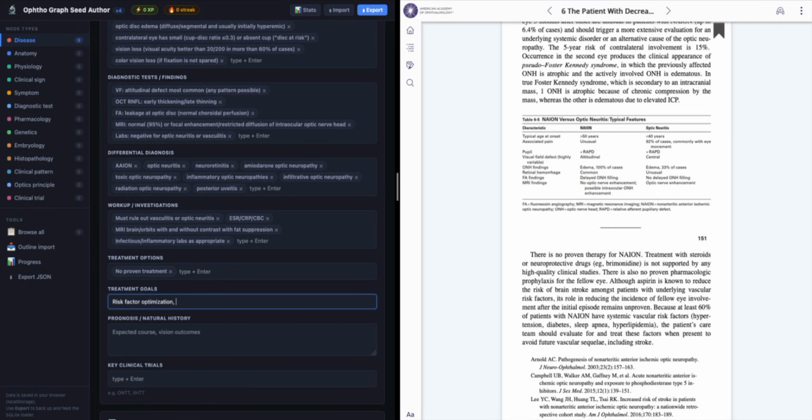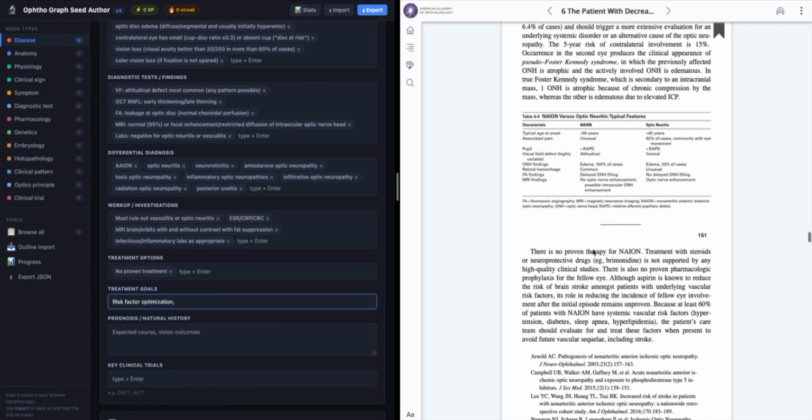And then also we need to maybe include in here aspirin reduces risk of brain stroke in patients with underlying vascular risk factors.